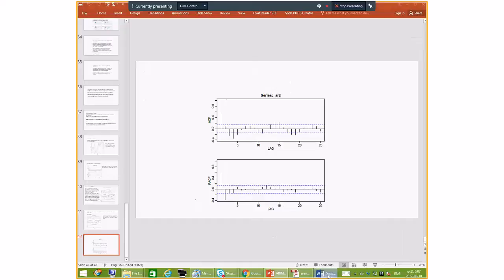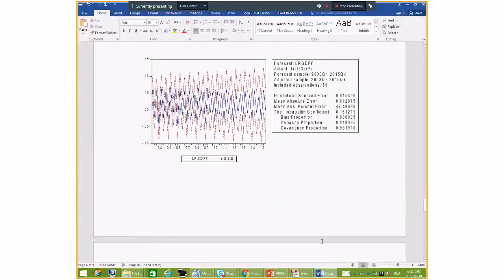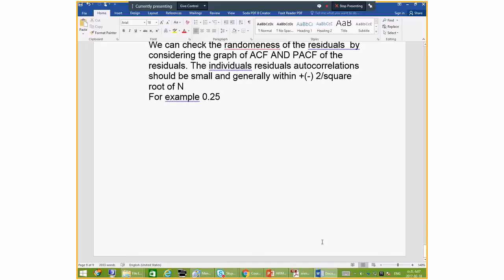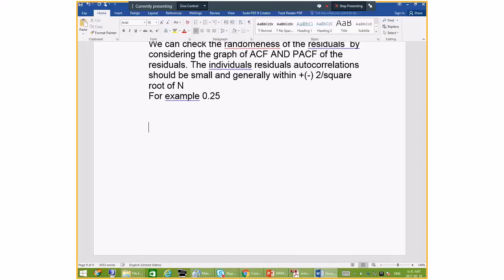Then the fourth step is forecasting with the model. Forecast for one period.